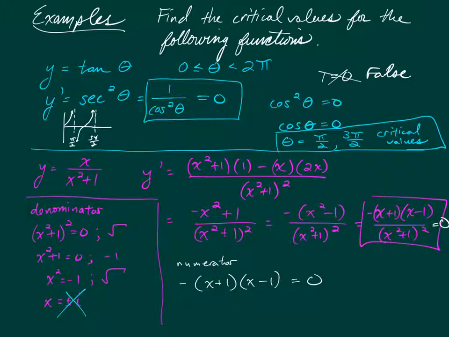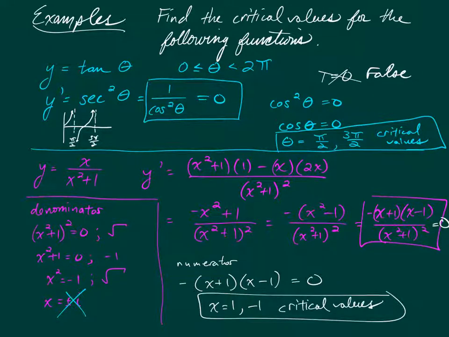So it's just the numerator equaling 0. So when you solve these for x, you'll get x equals 1 and negative 1. And these are the critical values for this function. And that's because when you substitute these numbers into the derivative, you'll end up getting 0.